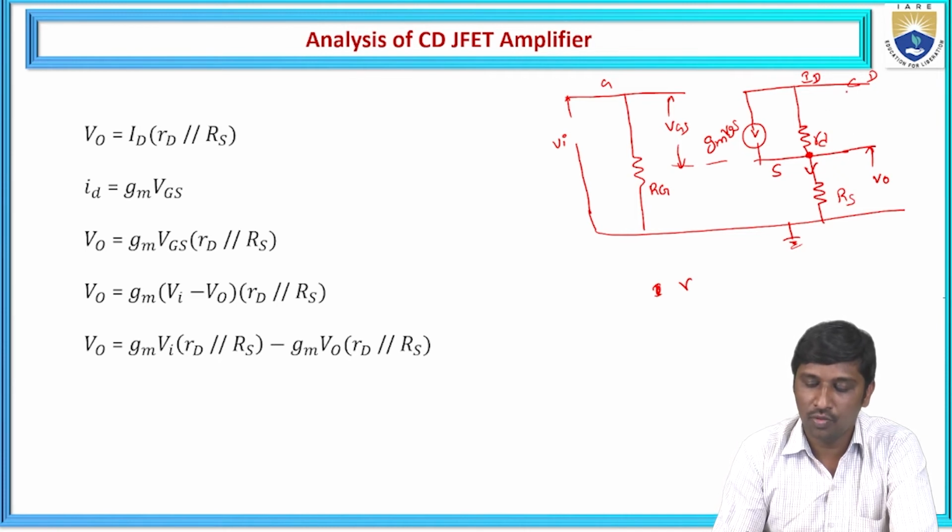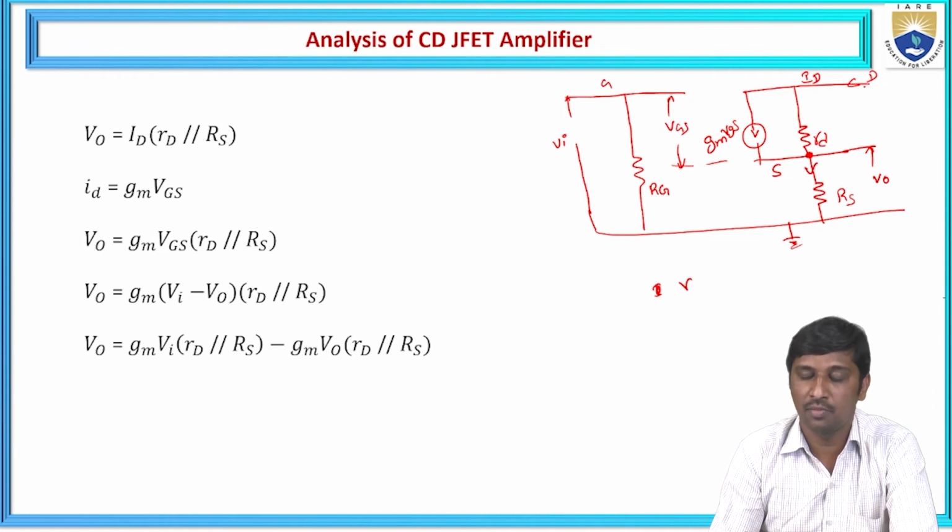If you remove this drain from the voltage source, suppose you want to find the equivalent resistance at the output side, and internally the drain is biased with VDD. If you remove this VDD and it is connected to a ground potential, or we can say it is a short circuit, then what happens?